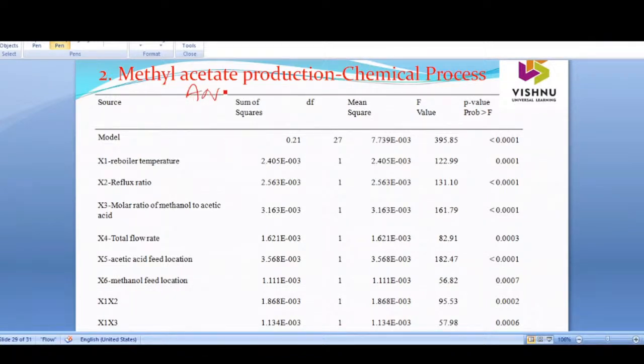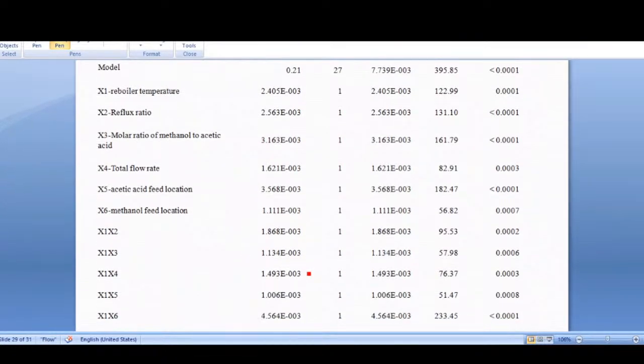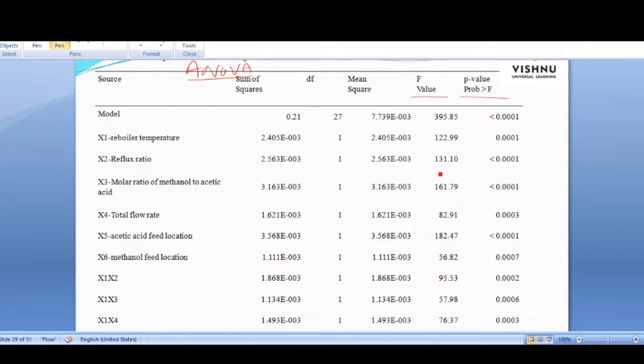The ANOVA analysis can be tested, as we discussed, based on the F value and the probability value, the P value. This is only the partial set of parameters I have given here. If you observe, the F value is around 395, which means it is more than 100, so it is a very good fit.